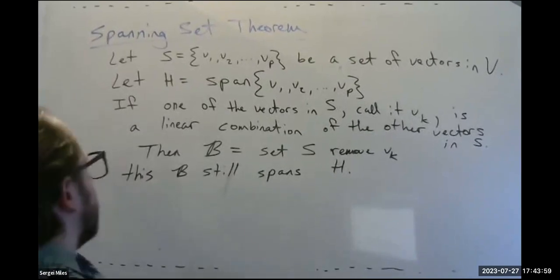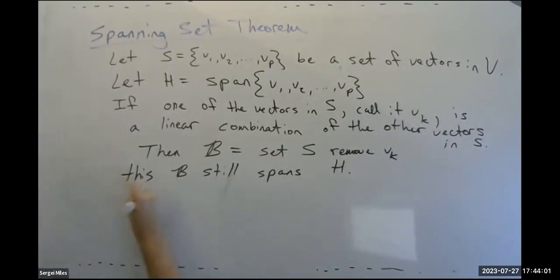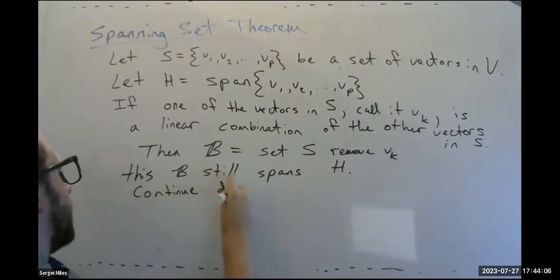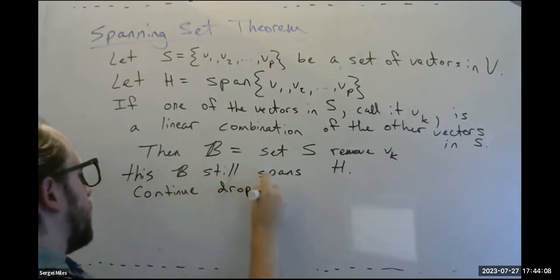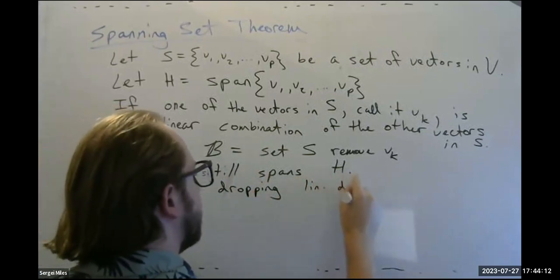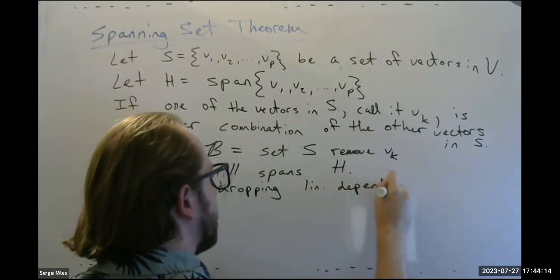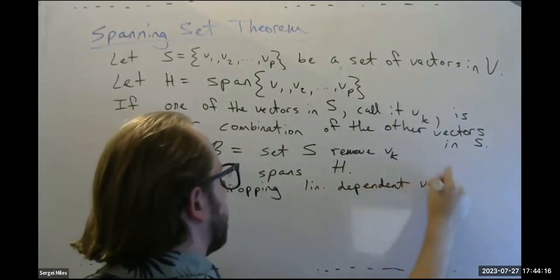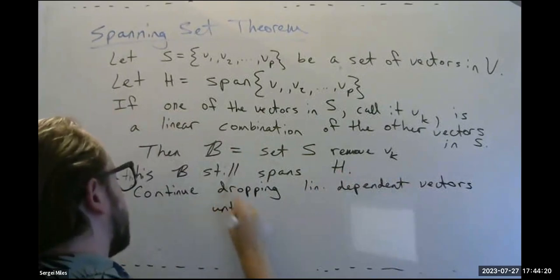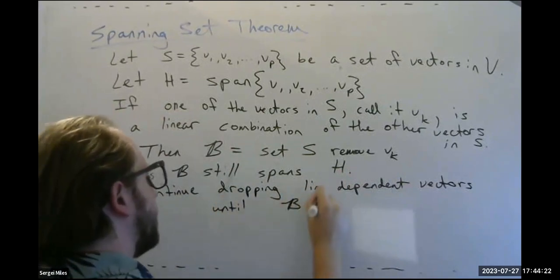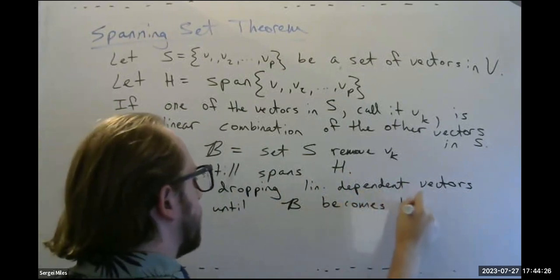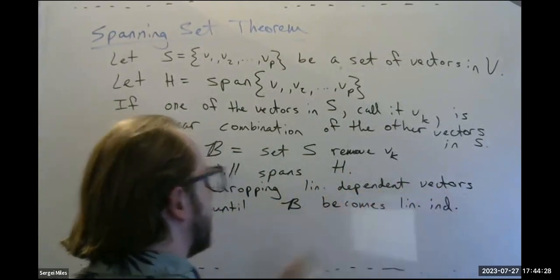So in this fashion, you can continue dropping the linearly dependent vectors until the set B becomes linearly independent.